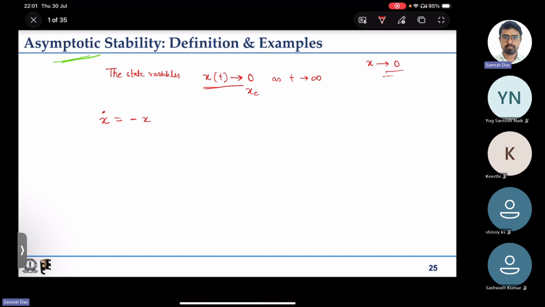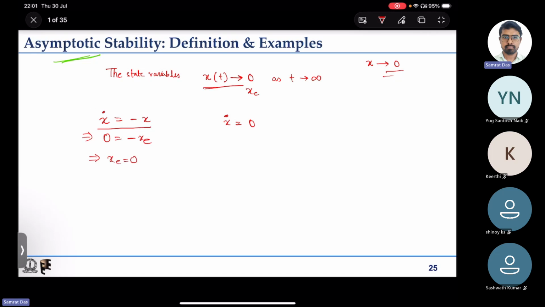Say x dot equal to minus x. It's a very simple system. Now first let us try to get the equilibrium point. To get the equilibrium point, we need to put x dot equal to 0. So it becomes minus xe, so we get xe equal to 0. So 0 is the equilibrium point.